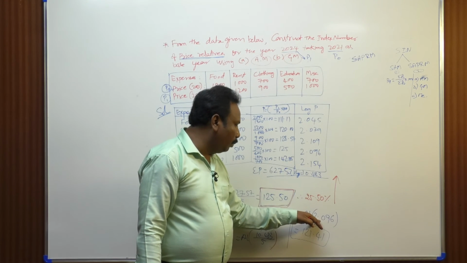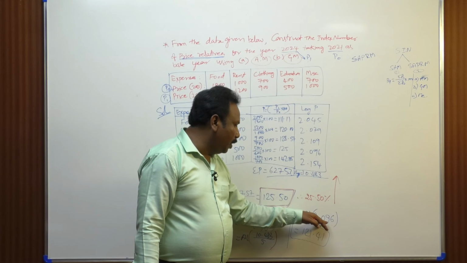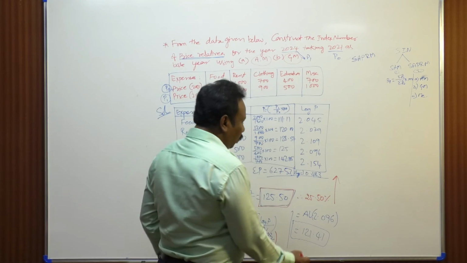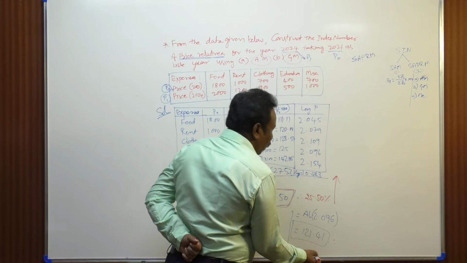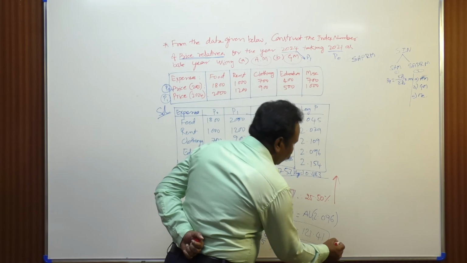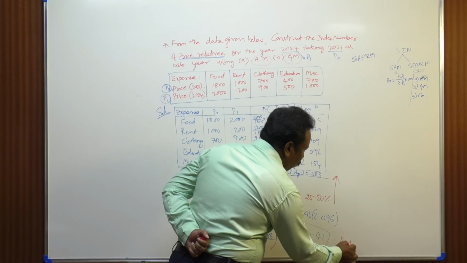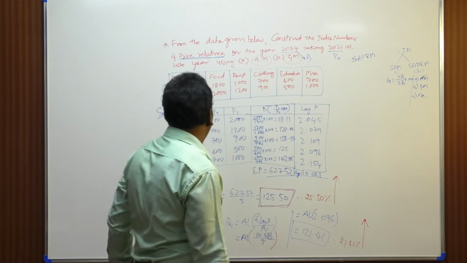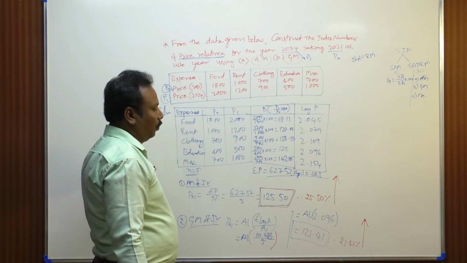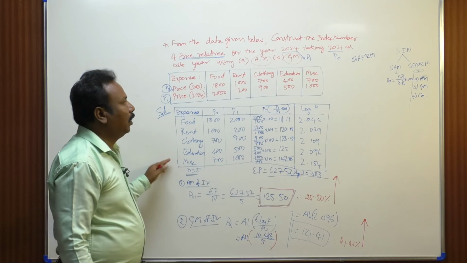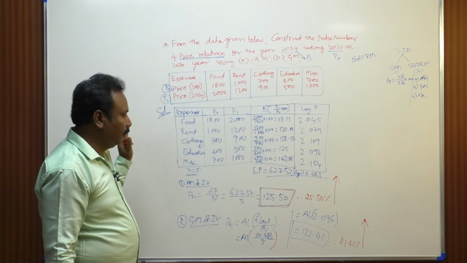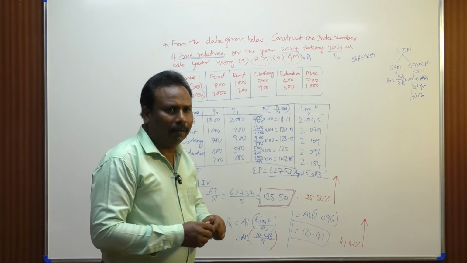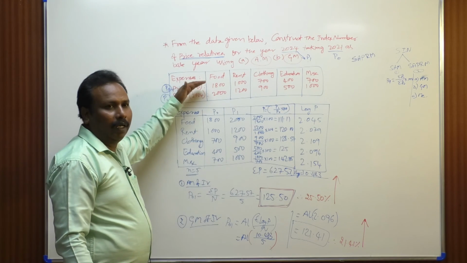Anti-log of 2.096 is 121.4. So, it means according to the geometric mean, 21.41 percent of the various expenses have increased from 2021 to 2024. So, this is the solution for this particular case study. Clear? Thank you for attending this online session.